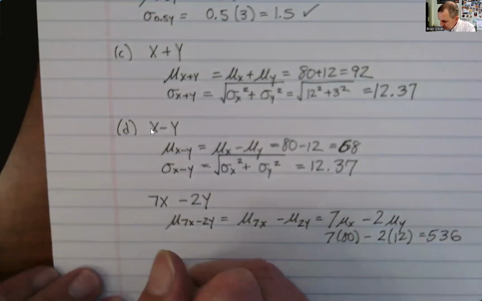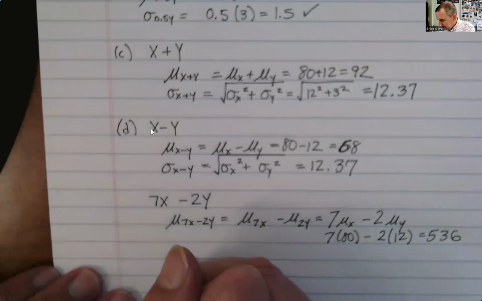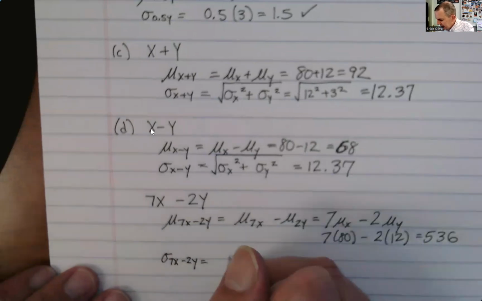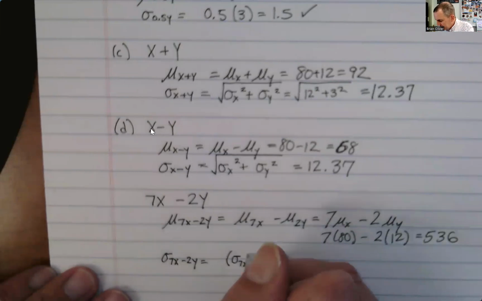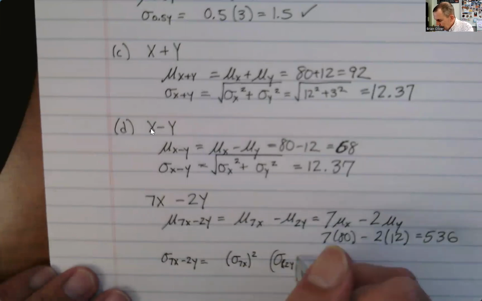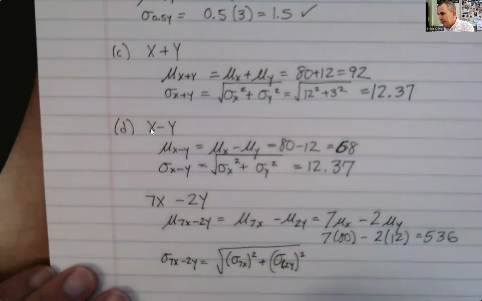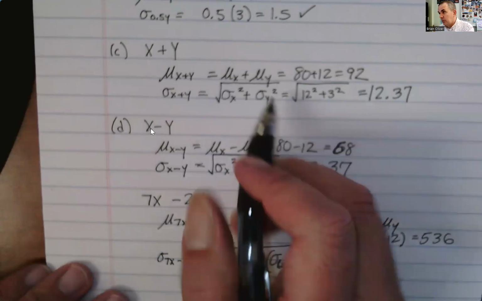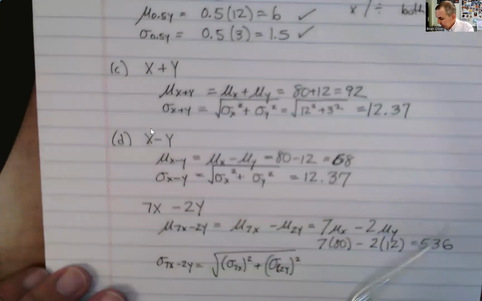For standard deviation, here's the deal. It's going to be a little bit wonkier to look at, but I'm going to walk our way through. First thing I need to do is take this and turn it into a variance, and turn this into a variance. So 2y squared. Always add them, square root it. Inside here is a multiplication. If you remember our rule up here, we do multiplication.